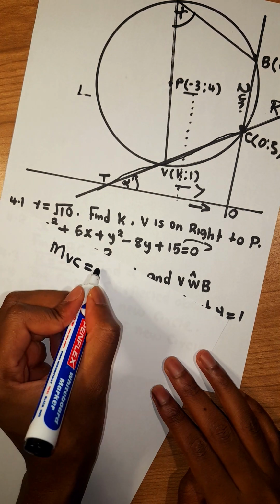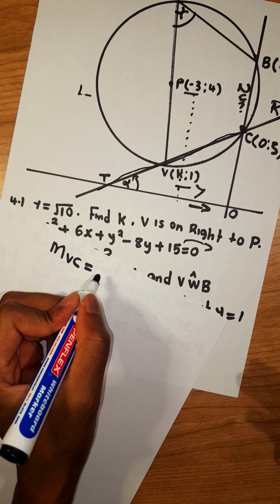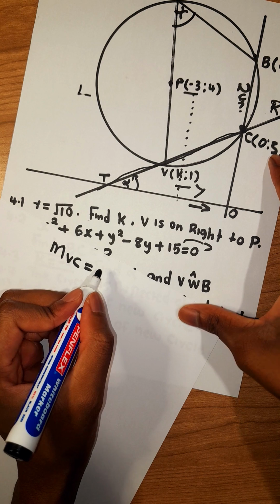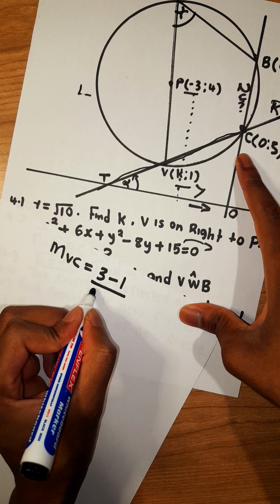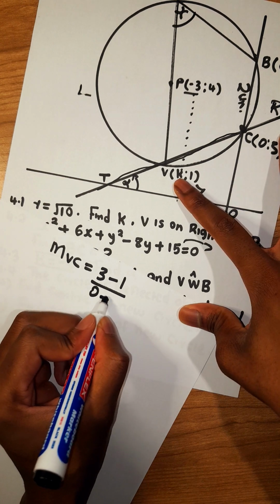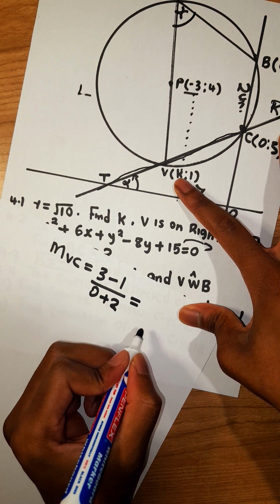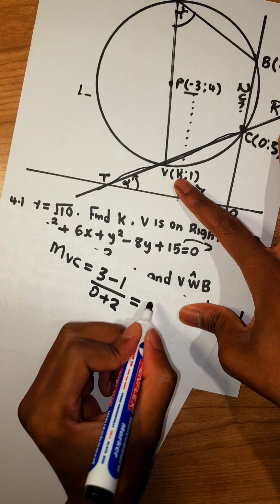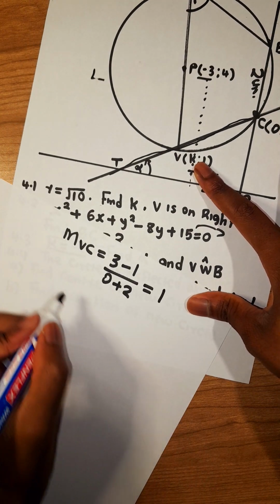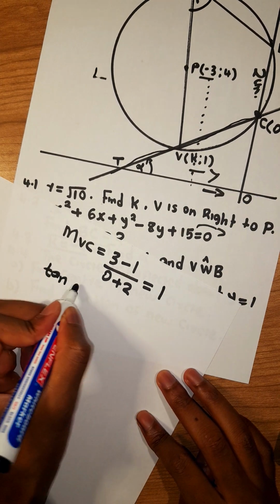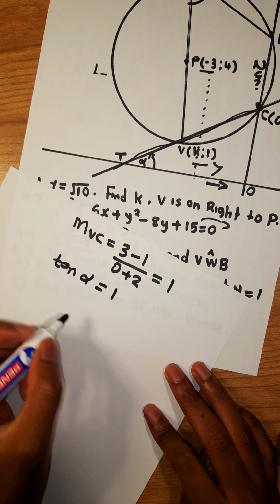It is going to be y2 minus y1 divided by x2 minus x1. So we have 3 minus 1 divided by 0 minus k, which is positive 2. So we're going to have 2 divided by 2, that's just going to be 1. So it means that tan of alpha is going to be 1.